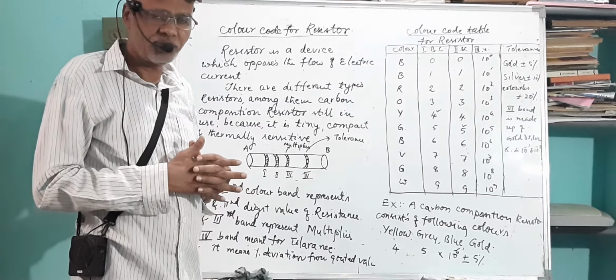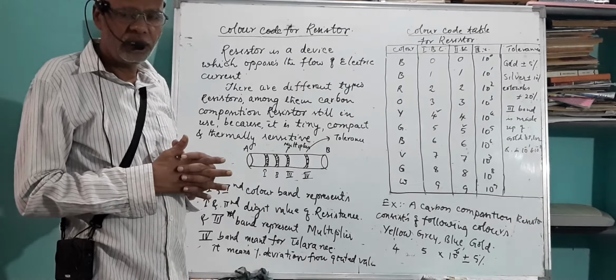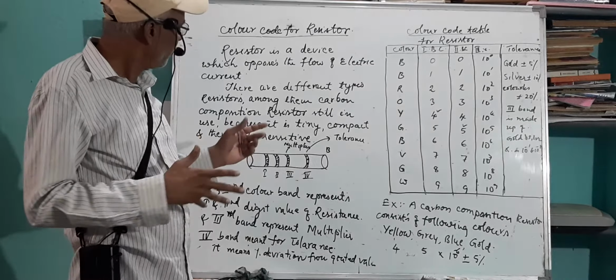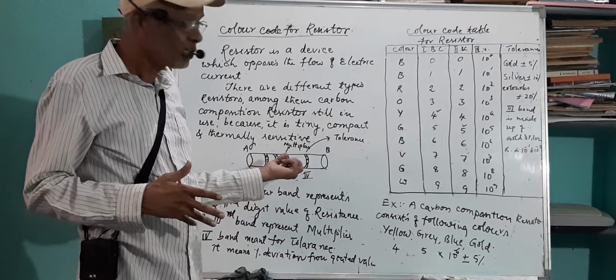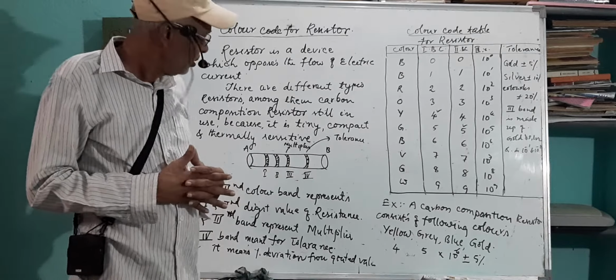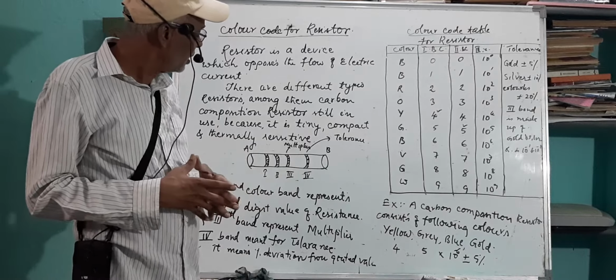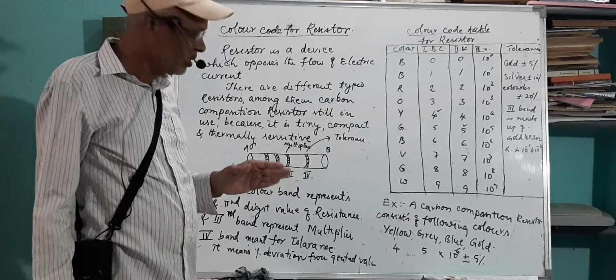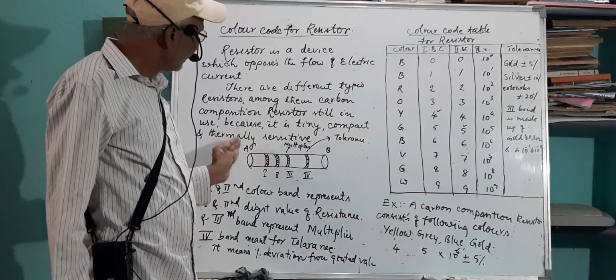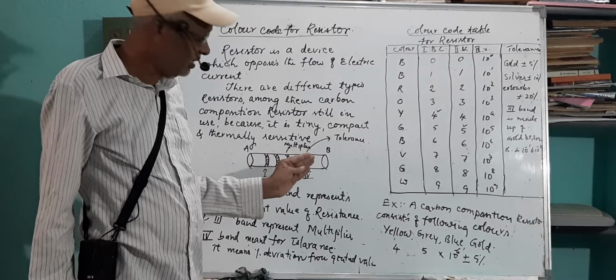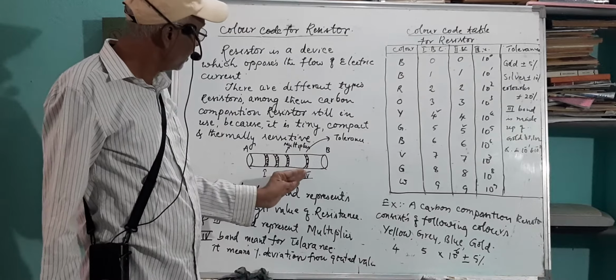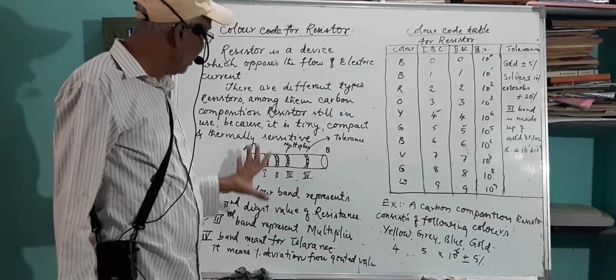There are four types of resistors, and among them we chose the carbon composition resistor. This carbon composition resistor is thermally sensitive, tiny, and available in different shapes and sizes. Because of these features, people are still using it in the market.